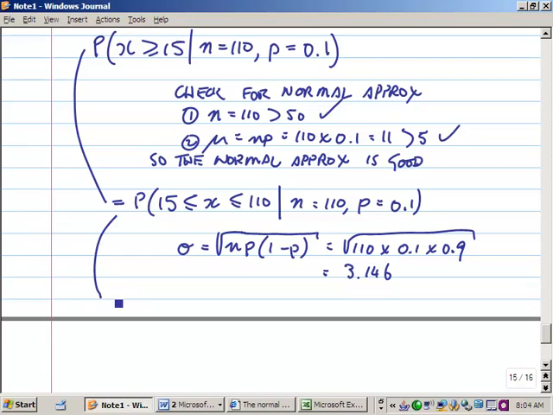So our normal distribution statement will be approximately equal to going from down half a unit from the lower limit, up half a unit from the upper limit. The mean is 11, standard deviation 3.146.